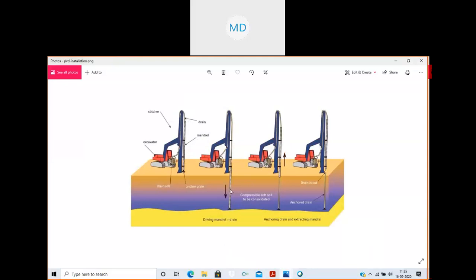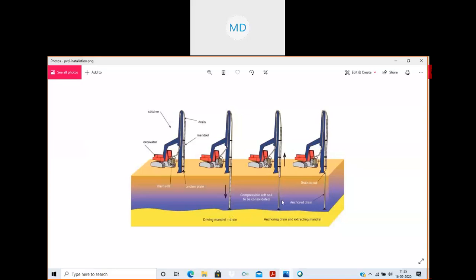It is put up to the required depth, up to how much depth we need for the consolidation work. Up to that the mandrel is inserted. In the third image we see that the drain is kept. There is a small cap or loose cap-like structure which is pulled into the ground below.